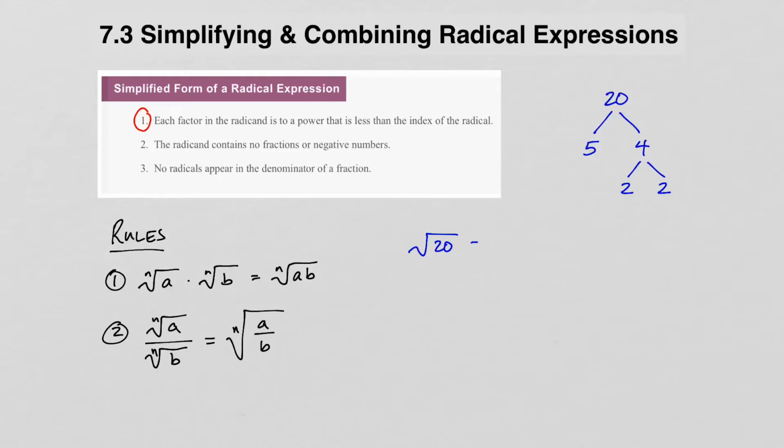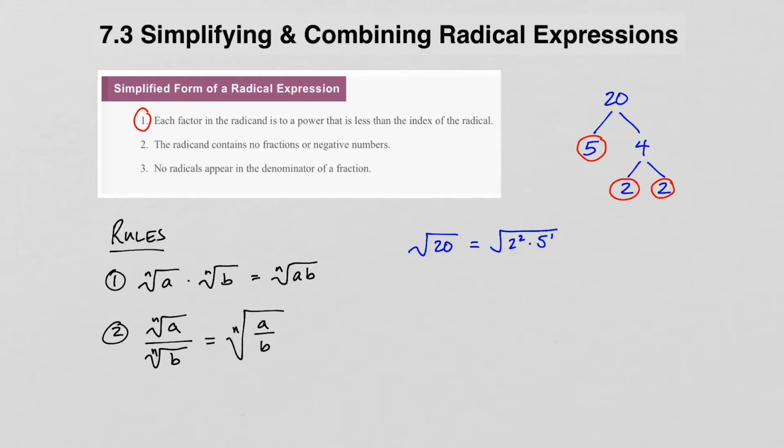And so we can rewrite the square root of 20 as the square root of 2 squared times 5. And 5 is raised to the first power, right? That's because the prime factorization of 20 is 2 times 2 times 5.